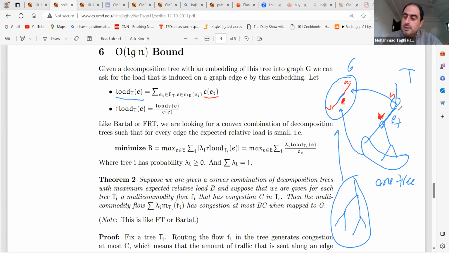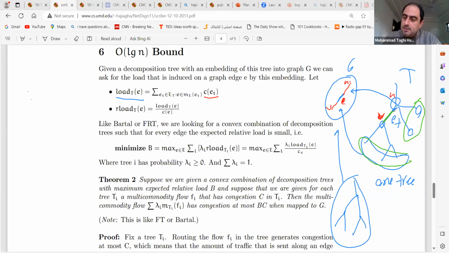And what was the capacity of each edge in the tree? Each edge in the tree, we knew that if you remove it, then you have a partition of the vertices here, this partition in the graph.